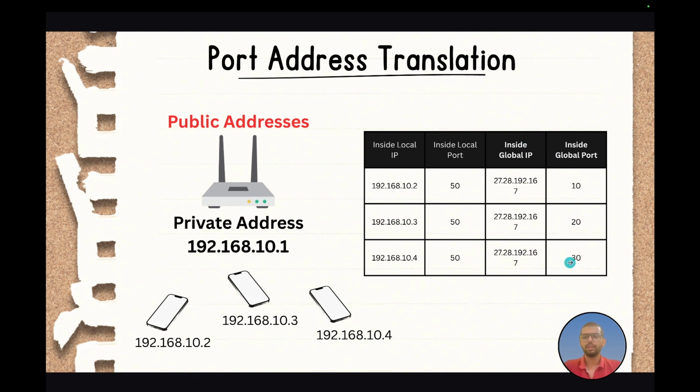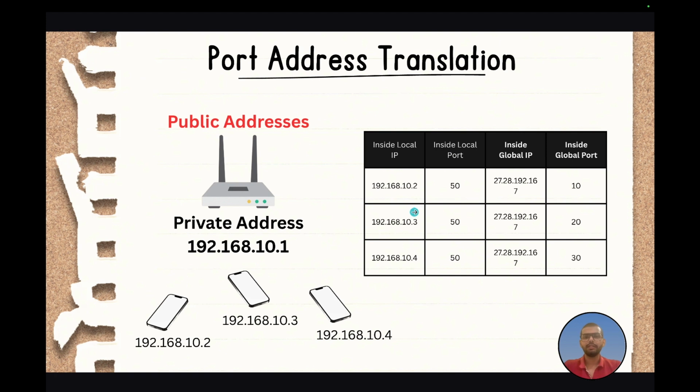In outgoing translation, it will also change the port number along with the IP address, so that we have a unique pair of public IP address and port number for each private IP address and port number. That's how port address translation, or PAT, works, and that's why we call it port address translation, because actually we are translating the port also.